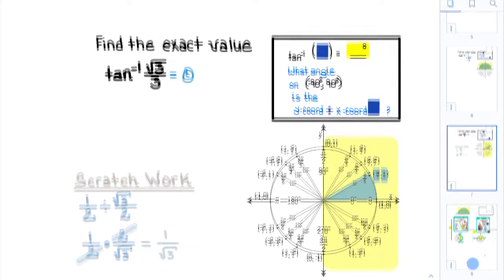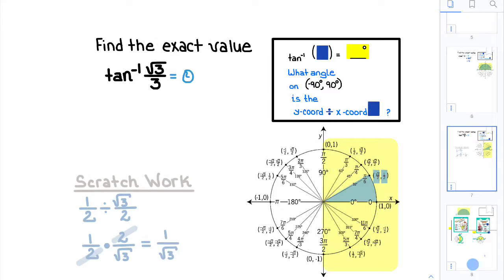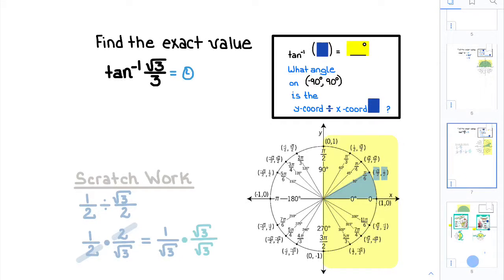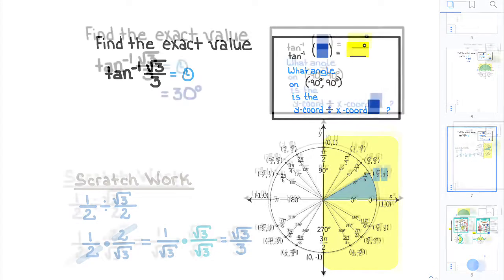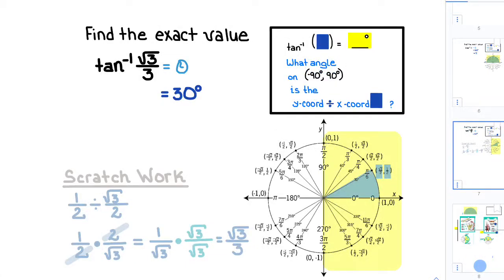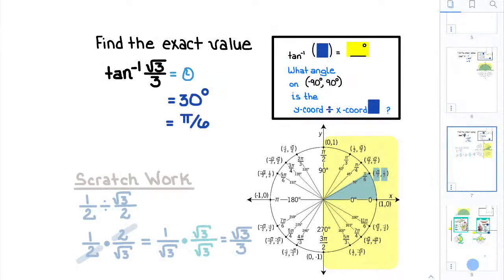I'm going to get 1 over the square root of 3, rationalizing the denominator by multiplying by root 3 over root 3. I end up getting the square root of 3 over 3. So the y-coordinate divided by the x-coordinate at 30 degrees is root 3 over 3. The answer to our inverse tangent is 30 degrees, or pi over 6.